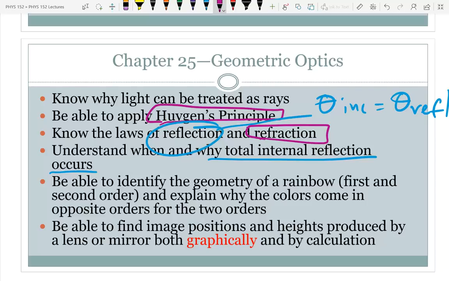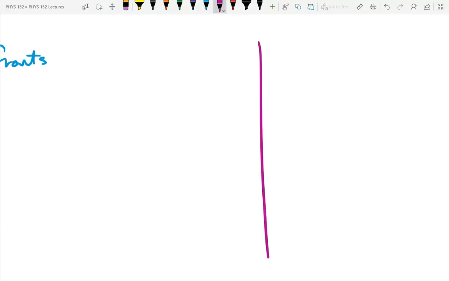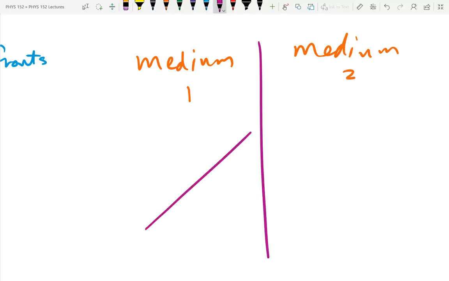If I have light going through unknown medium 1 and then going into unknown medium 2, and the light has a path like this, here's the interface, here's medium 1, and here's medium 2.